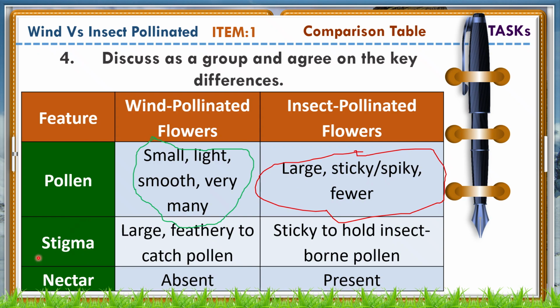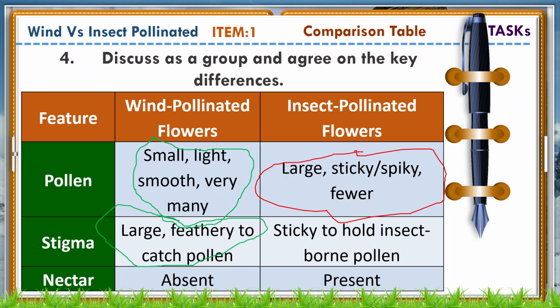Now when you come to the stigma, you will see that for the wind-pollinated stigma, the stigma is large, it is feathery to capture the pollen.